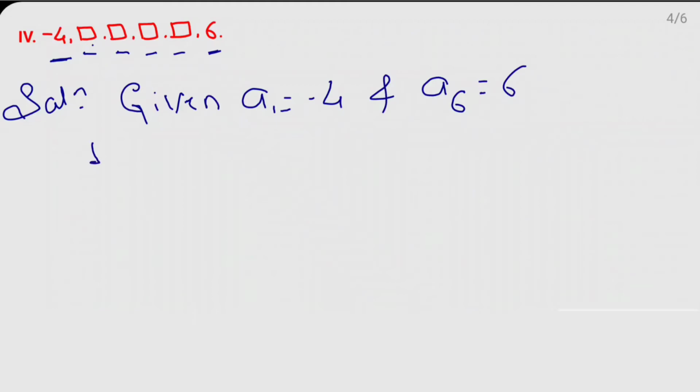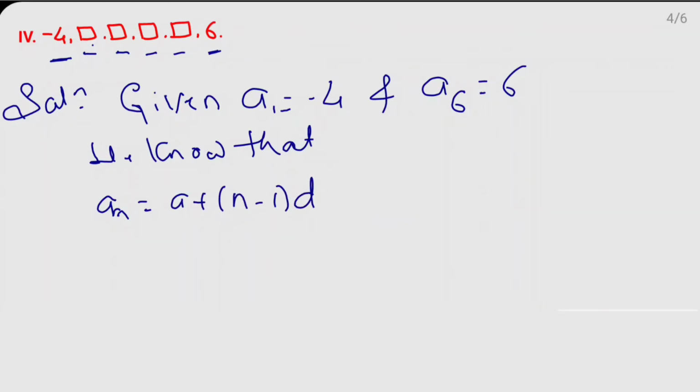First here write down, we know that an equals a plus n minus 1 into d. So here they given the sixth term, so a6 equals a plus 6 minus 1 into d.